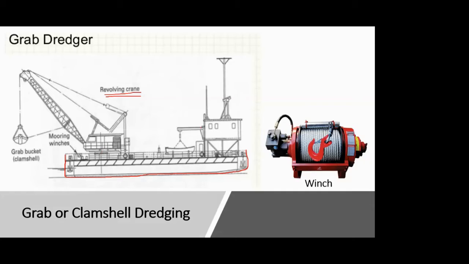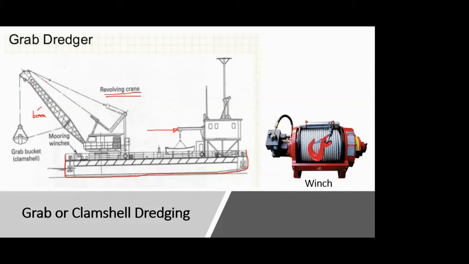In this case 360 degrees will not be used because exactly at the back you have some other kind of structure, but it can rotate 360 degrees as well. And this is the boom of that crane, or the truss-like structure we see, and over that you have a pulley arrangement.